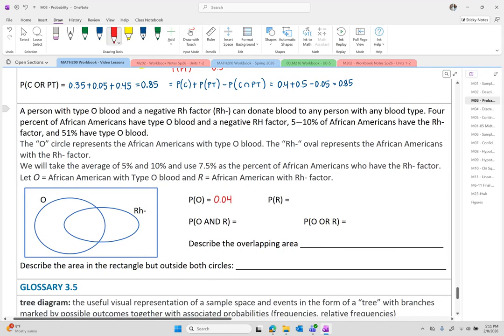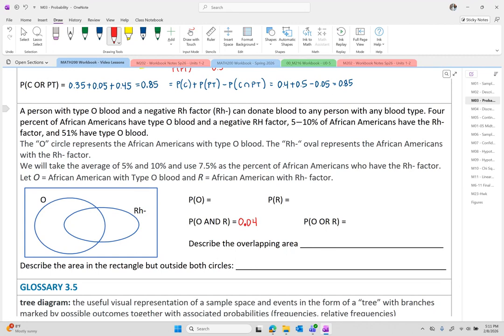Sorry, I didn't read the whole thing. They have type O blood and a negative Rh factor. So I guess I should have put the 0.04 in O blood and negative Rh factor.